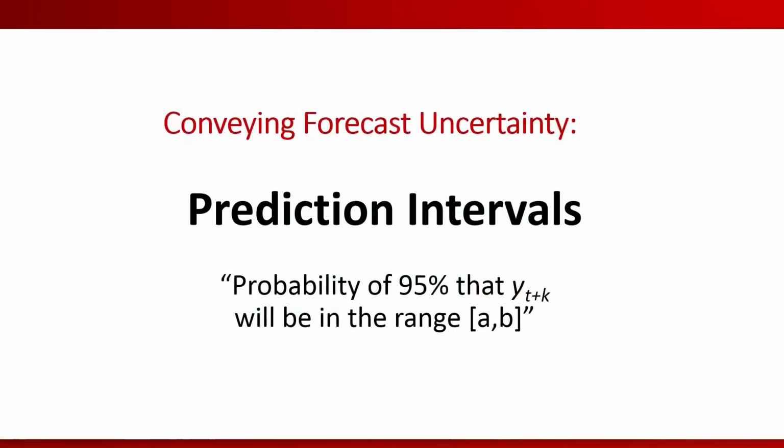A prediction interval is a probabilistic statement. For example, a 95% prediction interval is an interval that has a probability of 95% that the actual value will be in a certain range. By giving me an interval, I have a better idea about the uncertainty that I have about a certain forecast.